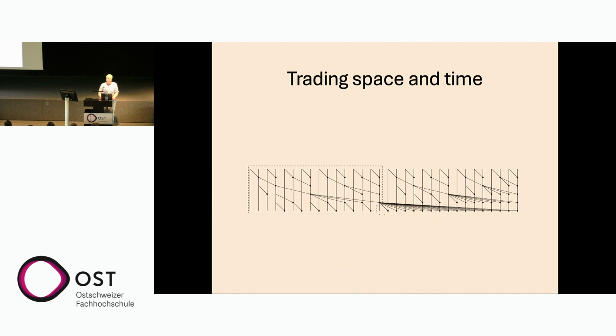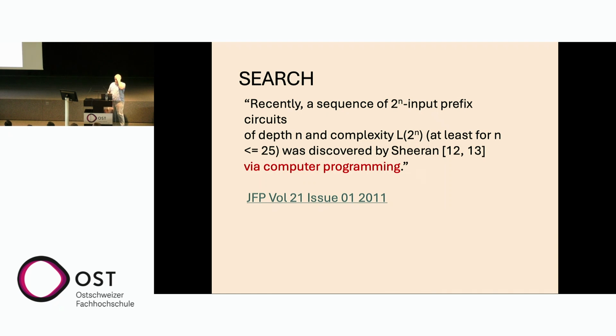And I thought somebody must know, so I tried to read the literature, but nobody appeared to know. So I thought, okay, I'll use search. And after much fun, which I'll say a little bit more about, I found the answer. I figured out how to make the smallest possible prefix network.